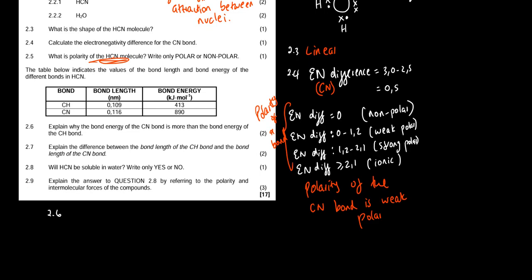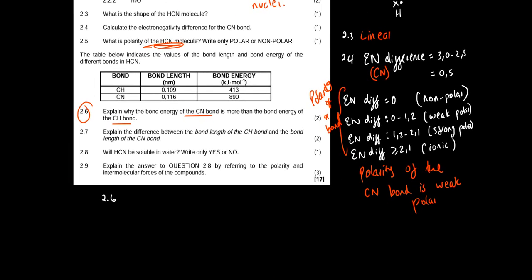It says, explain why the energy of the CN bond, which is 890, is more than the CH, whereas the CH is 413. Let me just try.